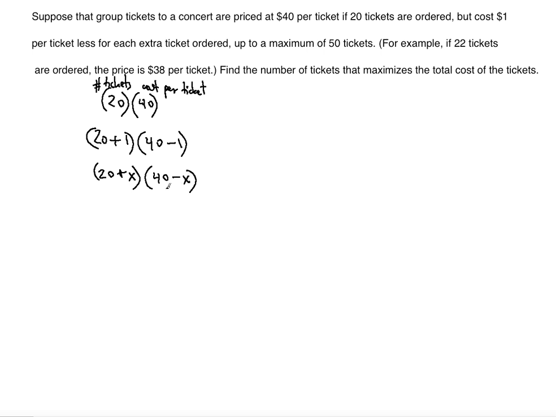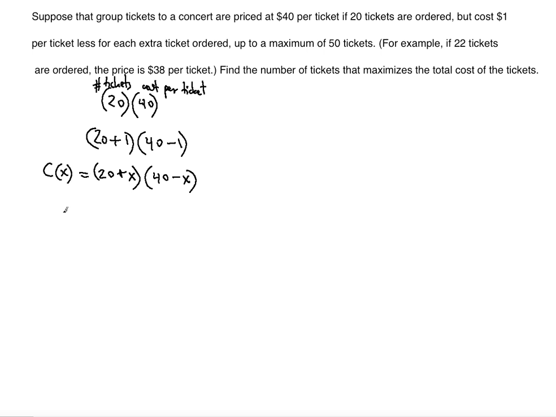If x is equal to 5, then the number of tickets will be 25 and the cost per ticket will be 35. So we can include the same variable. One is added, the other is subtracted. So this is basically our cost function.